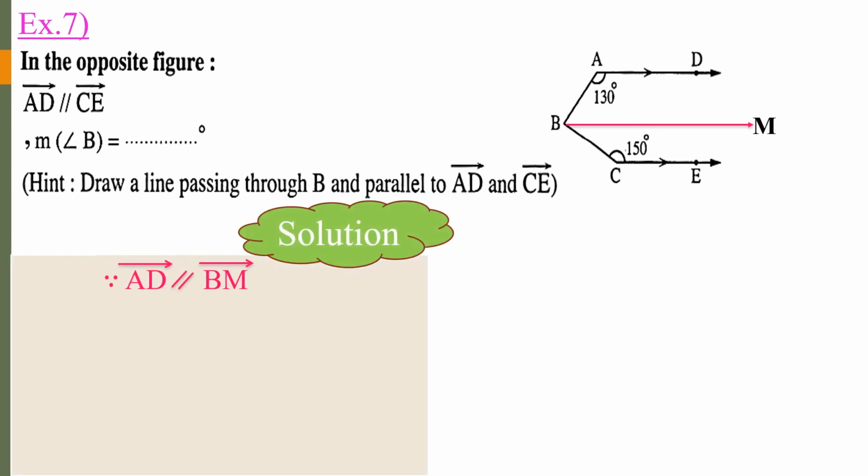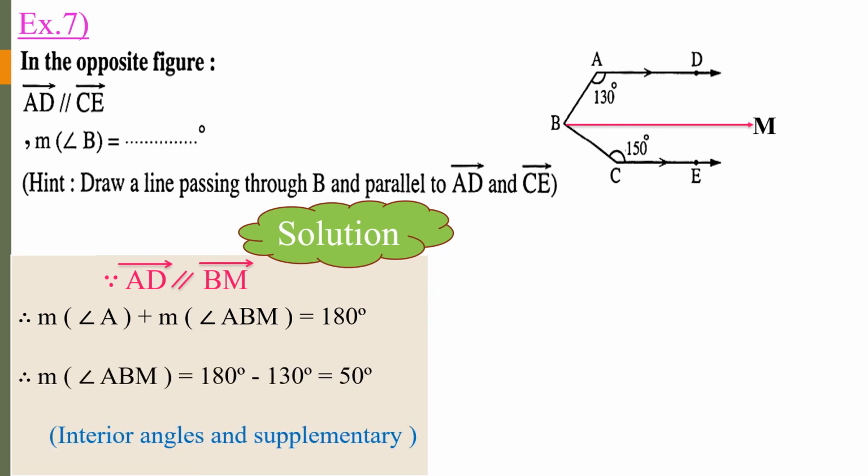Solution: since AD is parallel to BM and AB is a transversal of them, then the measure of angle A plus the measure of angle ABM equals 180 degrees, interior angles and supplementary. Then the measure of angle ABM equals 180 minus 130, which equals 50 degrees.